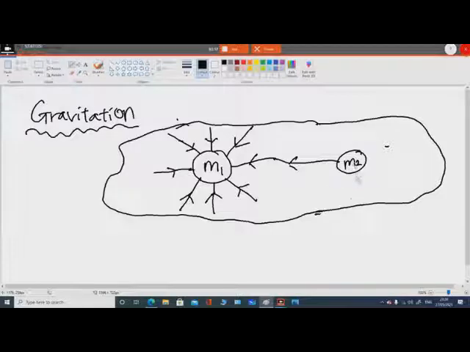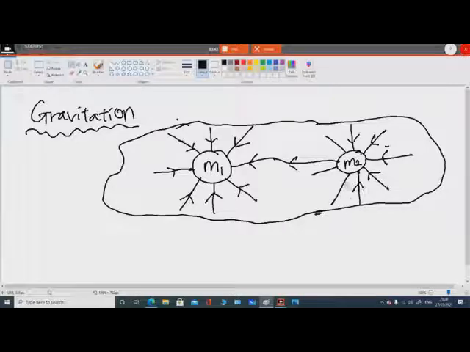This means that M2 is inside the region of the gravitational field of M1. At the same time, this M2 also exerts its own gravitational field. This one is the gravitational field lines for M2, which is pointing towards the center of M2.